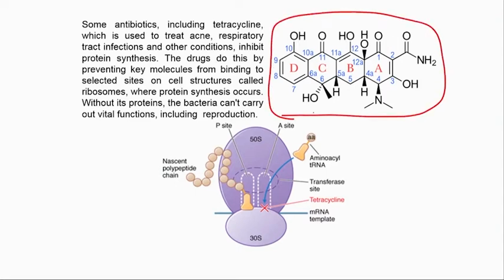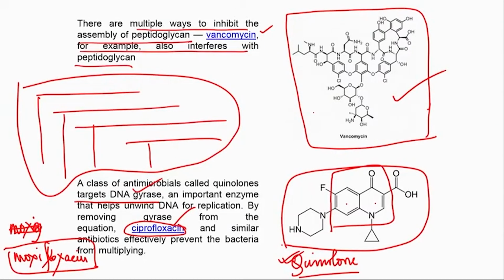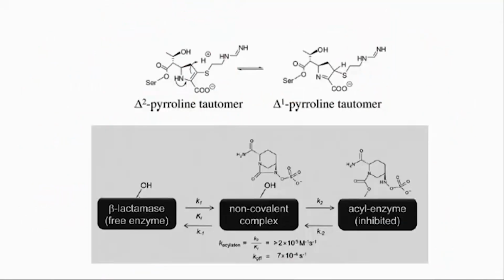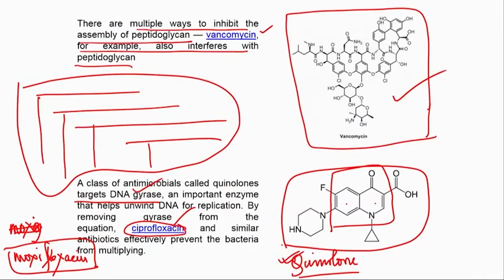However, the problem with all these molecules, especially the quinolones, is that they target DNA gyrase, which is also present in humans. So, that is why they have much more toxicity than your vancomycin or D-cycloserine or the penicillins, because those have a different target which is not present in the host.